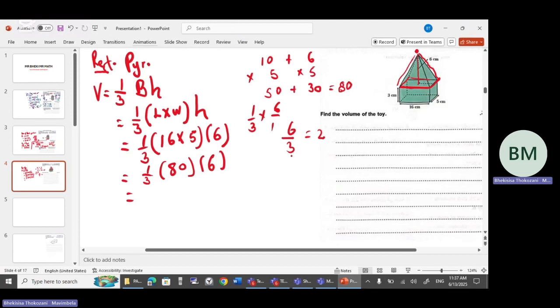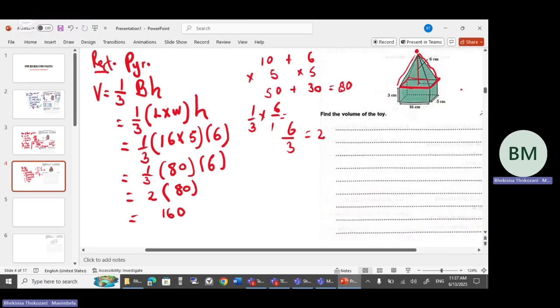That's how I got 6/3, because most of the students always ask me, how did you get 6/3? So now my answer here is 2, because 6/3 is 2, right? And now I'm going to multiply everything by 80. Now, 2 multiplied by 8 is 16, and then you just bring down the 0, and here we go. Now you have your 160.